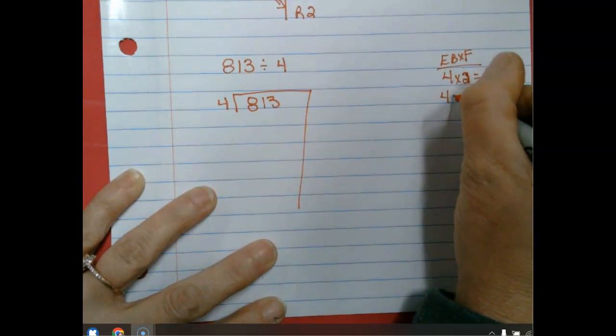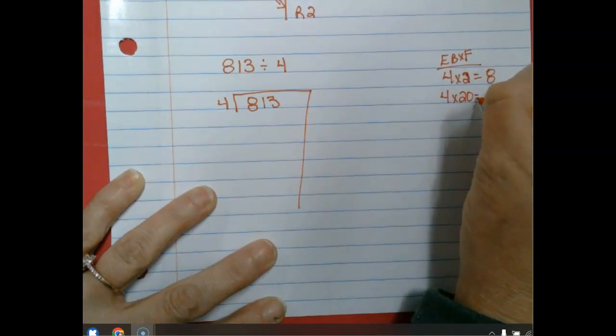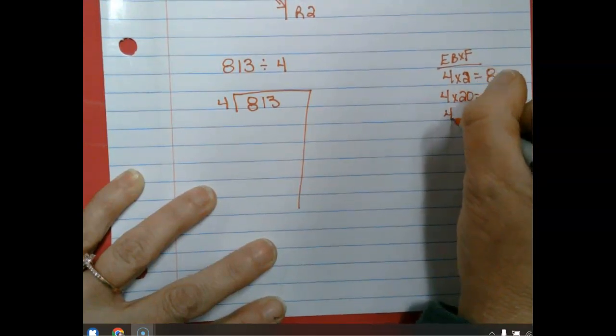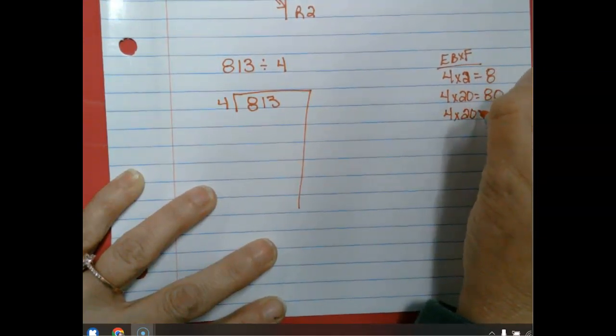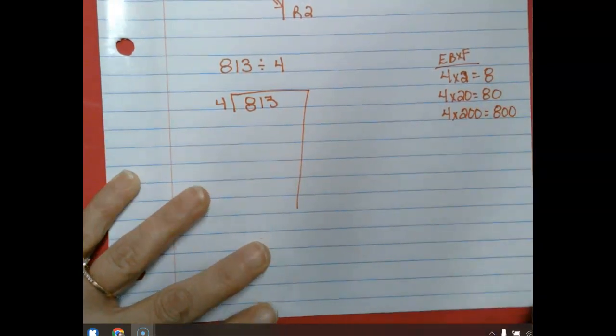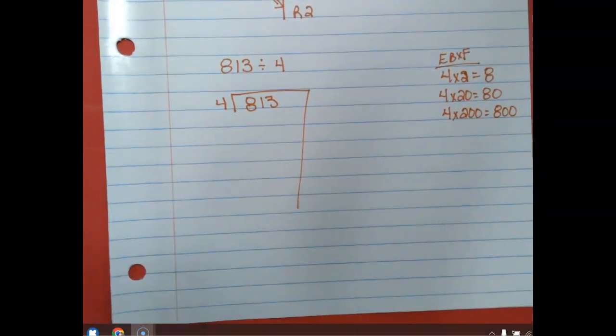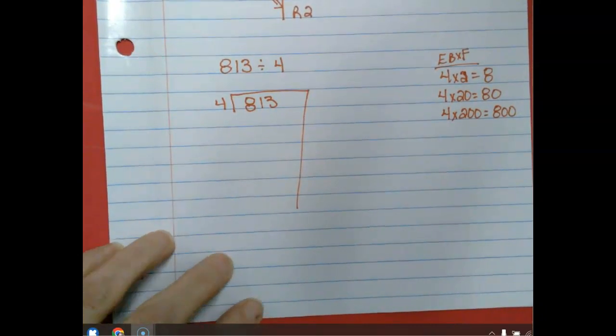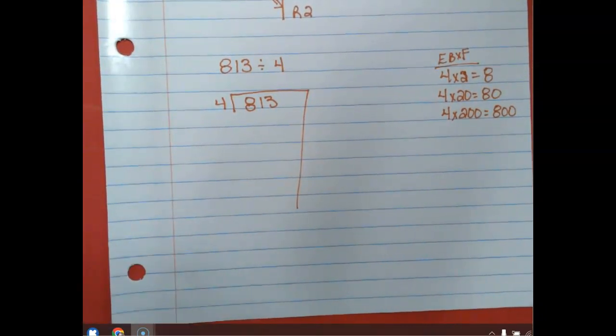So 4 times 20 would be 80. And 4 times, oh wow, this one was easy. 4 times 200 is 800. Okay, didn't mean to give you one this easy. So already I'm very close to my dividend. So I'm going to go ahead and use my 200.